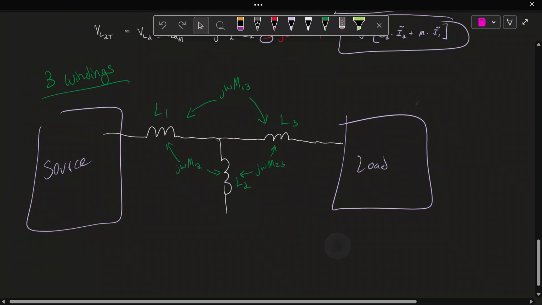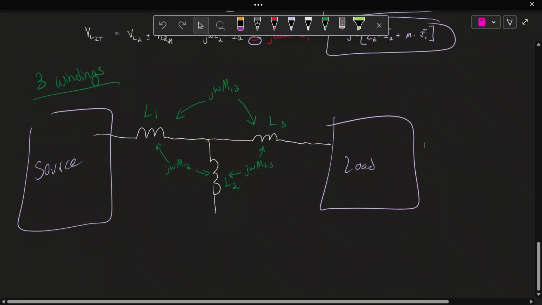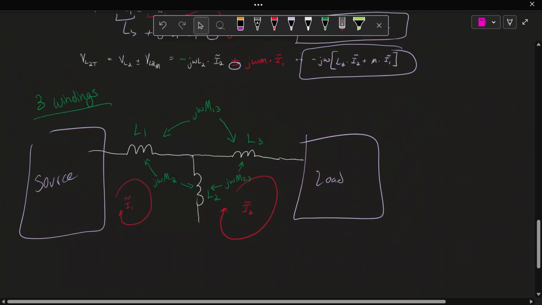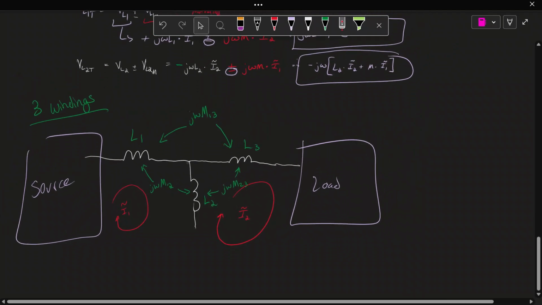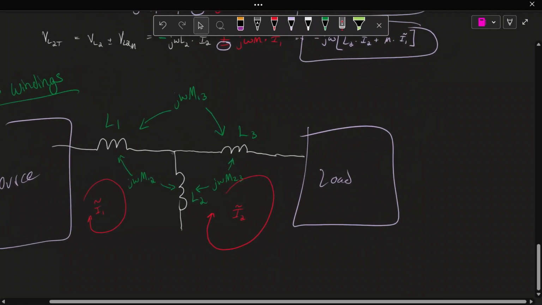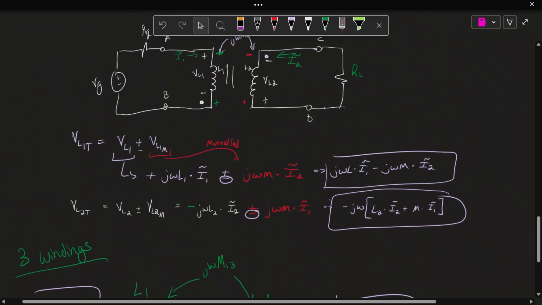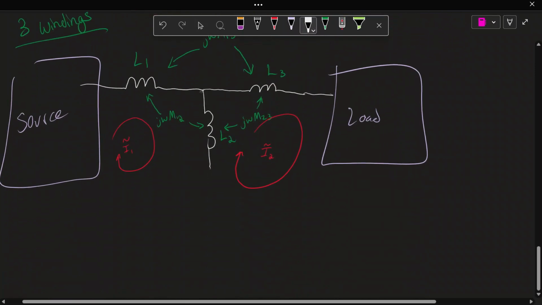Now, let's try and solve these. Let's pick random spots for these dots. And let's say we're going to be using the mesh current method. So current is going to be flowing in this direction, I1, and this direction, I2. Now, the mesh current method is a very popular way of solving these windings, and you'll see exactly why, because it makes the problem solving part very easy. So let's pick random spots.